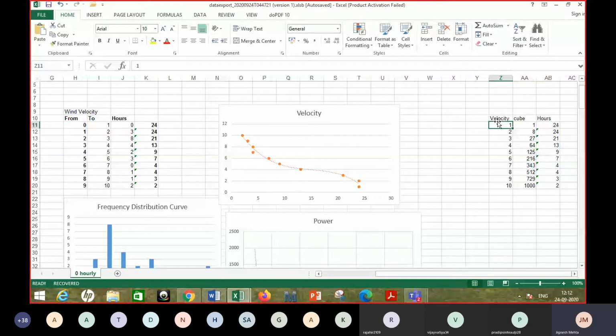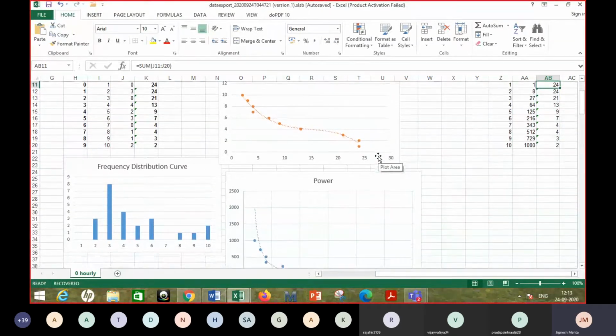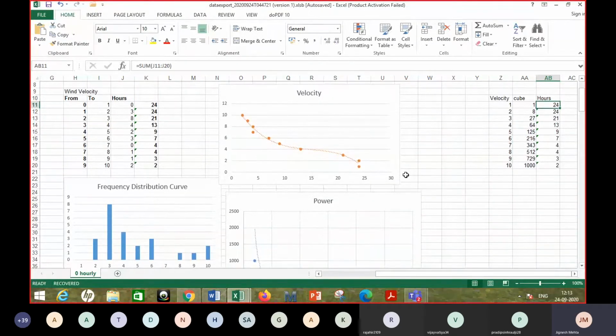So for 1, the cube is 1, 2 cube is 8, 3 cube is 27, right? And then this number of hours here, for which it was at that velocity, at least at that velocity, that is again put here. So whatever velocity you see here, if you make cube of that, then your power is 1/2 rho A U cube, right? Power is 1/2 rho A U cube.